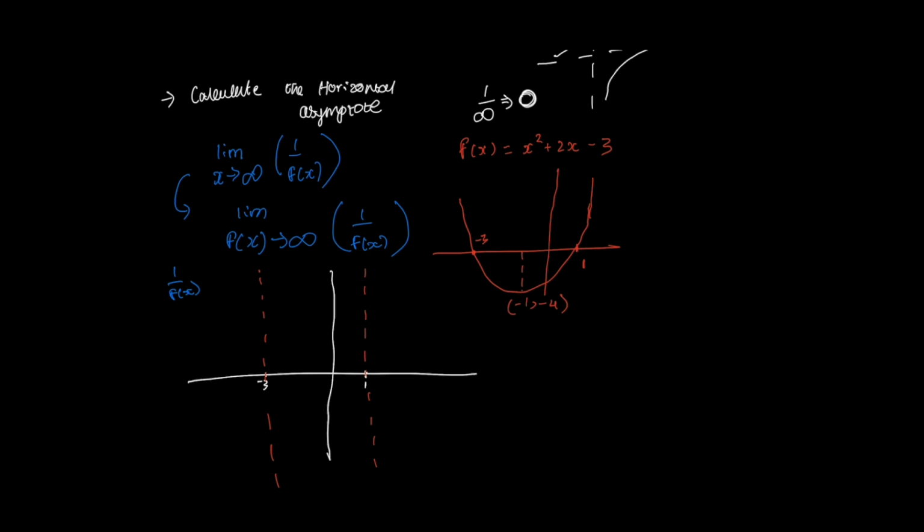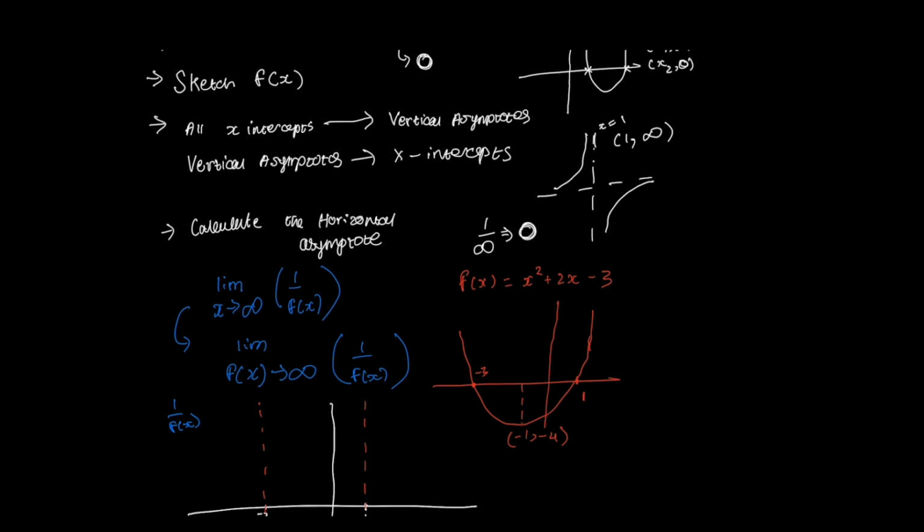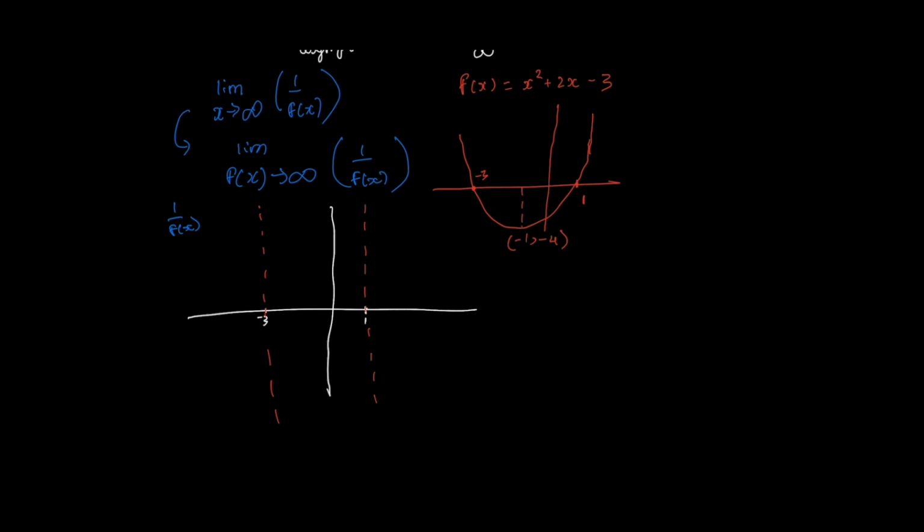Quadratic functions do not have any vertical asymptotes, and therefore the reciprocal of a quadratic function, which in this case, let me just write down the function, g of x is equal to 1 over x squared plus 2x minus 3, does not have any x-intercept. So from that we can easily assume that y is equal to 0 is the horizontal asymptote.